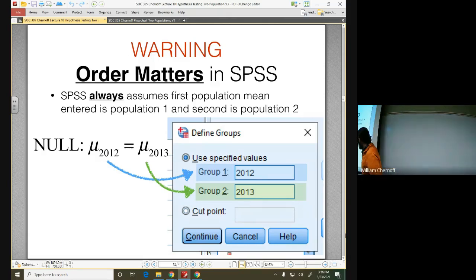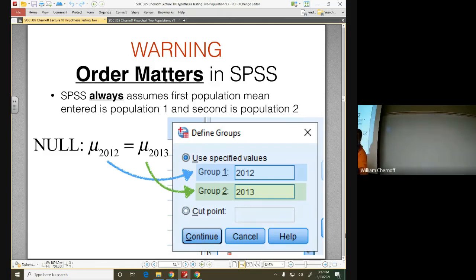So if you have a null hypothesis that looks like this, the population mean in 2012 equals the population mean in 2013, then the population to the left of the equal sign, that's going to be population 1, group 1. Here we have the group to the right of the equal sign, 2013.